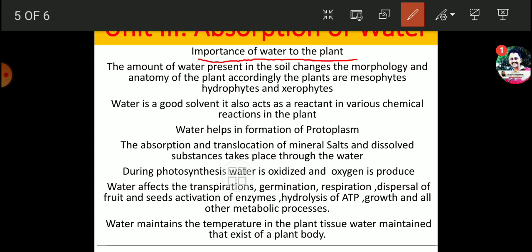No doubt, every living organism wants water in its life. What is the importance of water in the plant? The amount of water present in the soil changes the morphology and anatomy of the plant, according to whether the plants are mesophyte, hydrophyte or xerophyte.